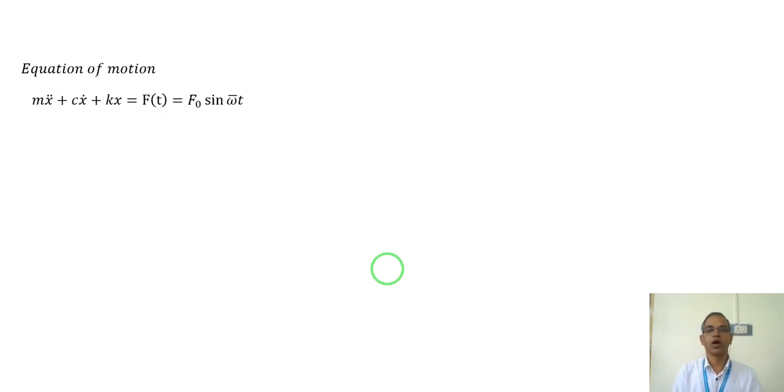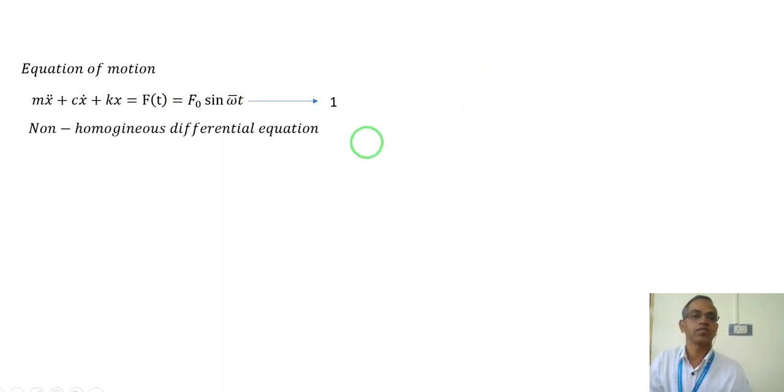Now, if we look at the equation of motion for damped forced vibration, which is m x double dot plus c x dot plus k x equal to f of t, where f of t is f naught sin omega bar t. That means f naught is the maximum force, varying like a sine, and omega bar is the forcing frequency.